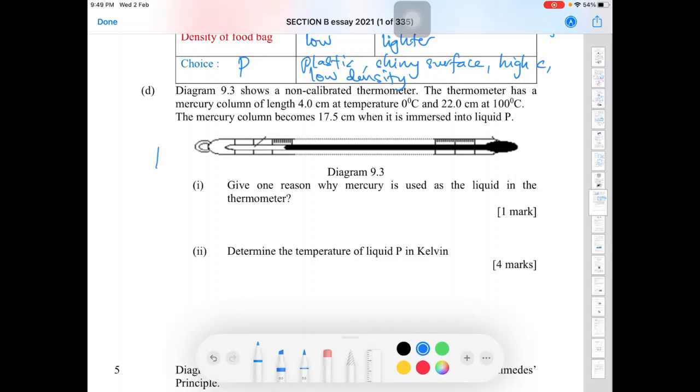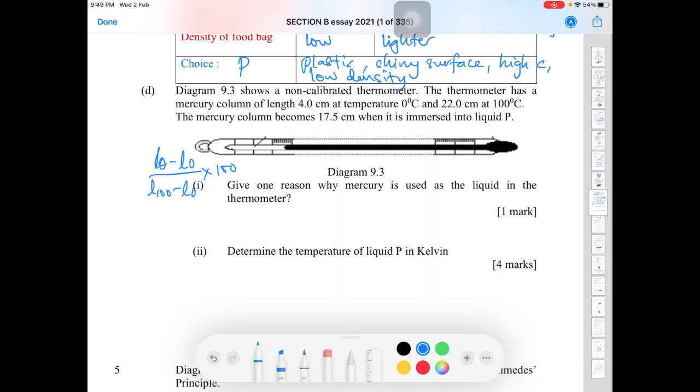Yang L theta minus L0 divide by L100 minus L0 darab dengan 100. So that means thermometric property yang you guna adalah the length, the increase in length, the volume increase. Jadi you nak tukar kepada temperature in degree Celsius.